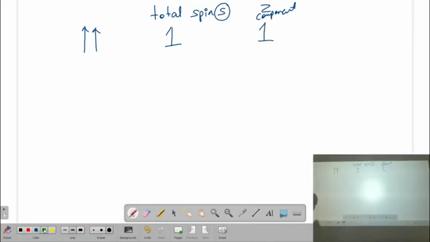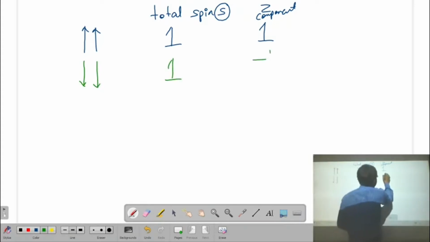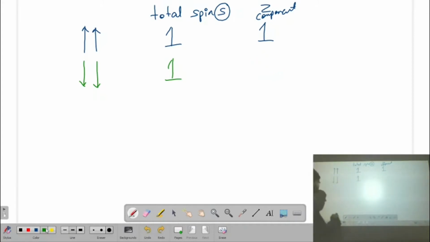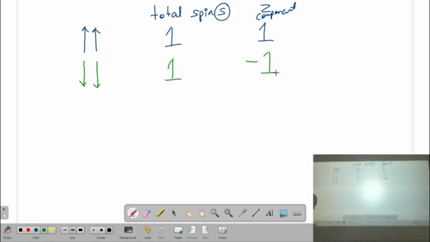Now, for the down spin, we also have total spin 1, and z component will be -1, because the resultant vector of these two will be in the negative z direction, right? -1.